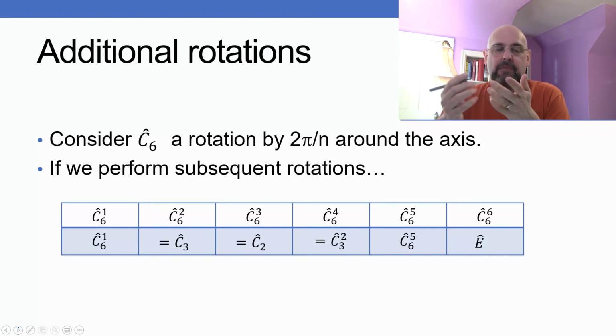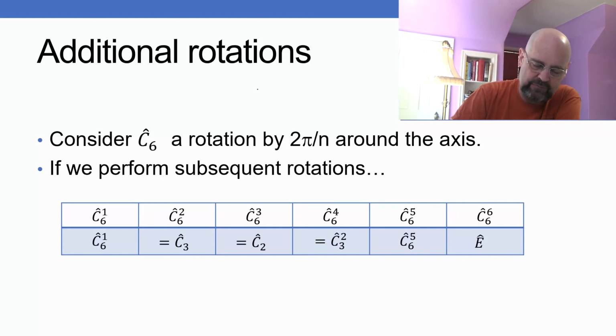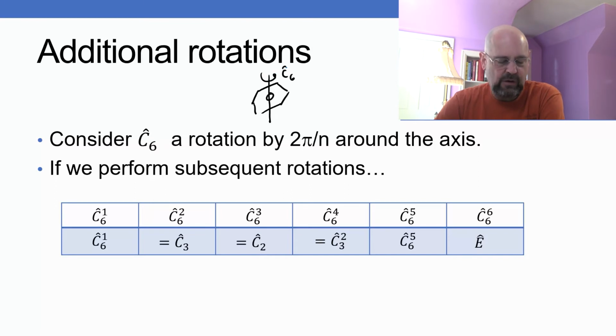So I'm going to give an example. Let's take benzene, and it has a C6 axis. Any rotation Cn is a rotation by 2 pi over n.